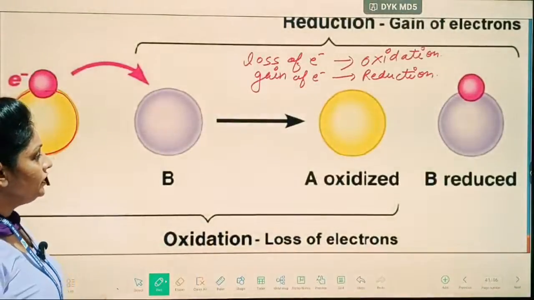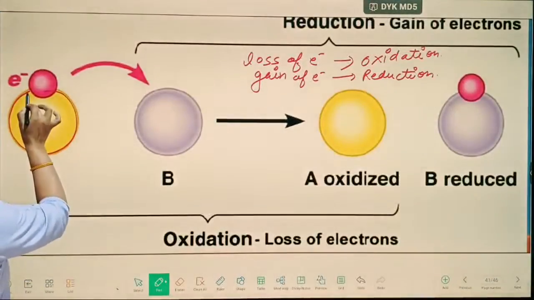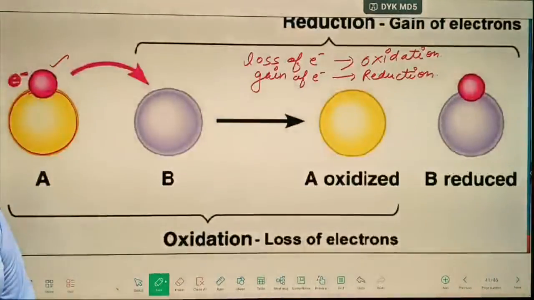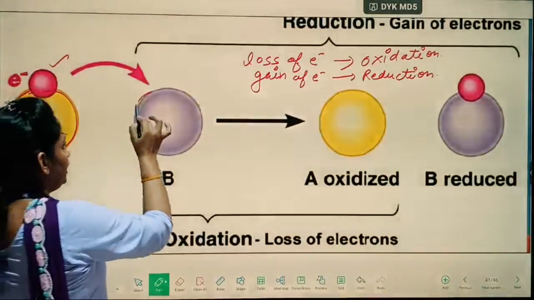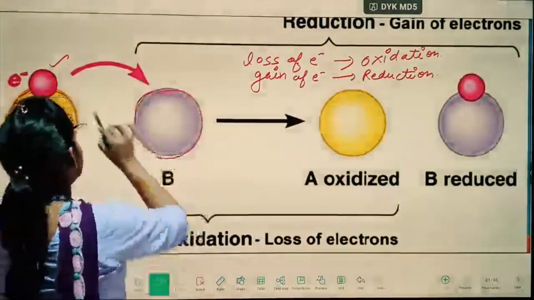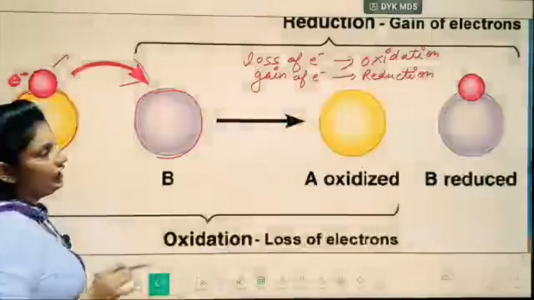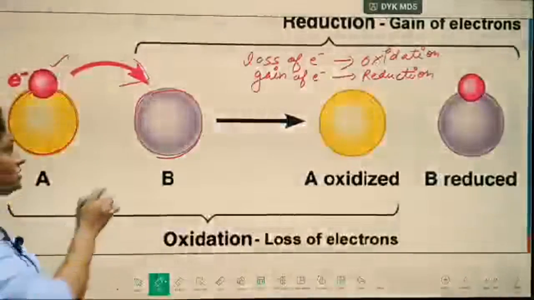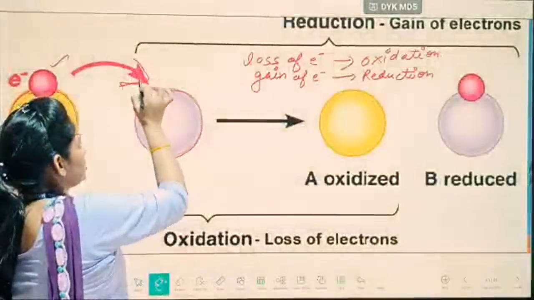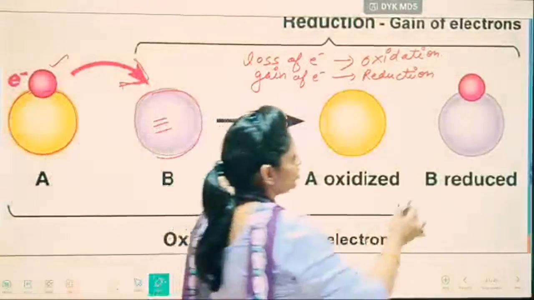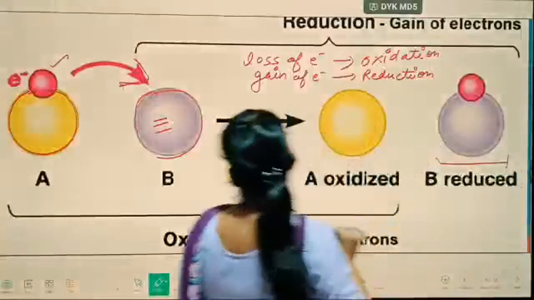Clear? Then students, you can see here these electrons are with this one, and it is free. Here this one is gaining electron, means a reduction takes place for this one, so it is reduced. B is reduced here.